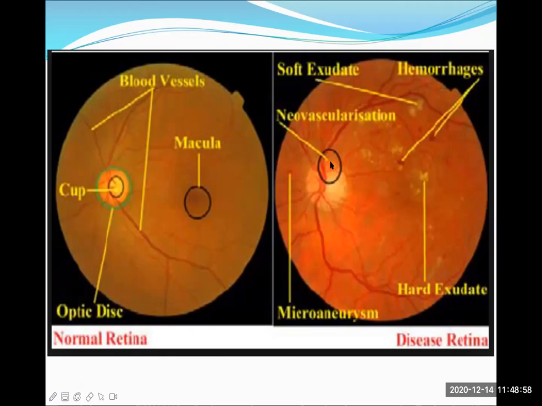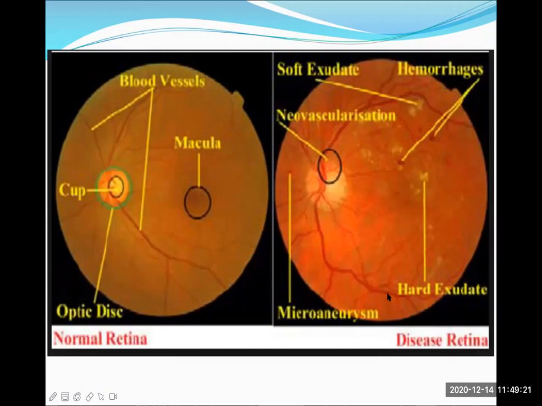This is neovascularization, new blood vessel formation. There are microaneurysms, and there are hard and soft exudates. Because of this, it is an abnormal type of retina, and this is seen in diabetic retinopathy. Diabetic retinopathy very commonly affects the retina like this.